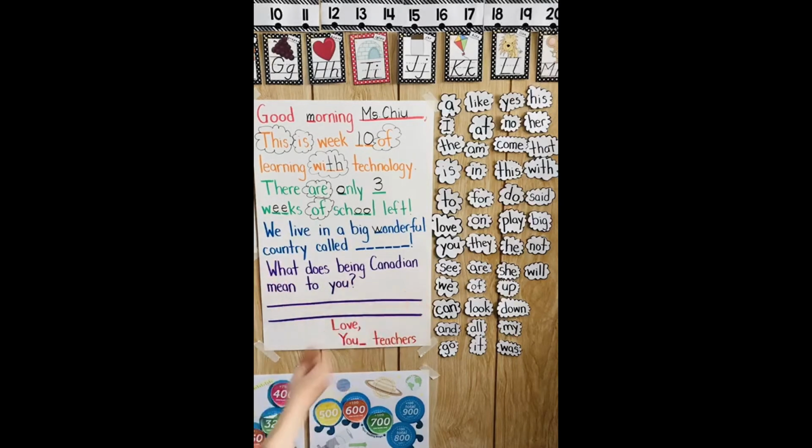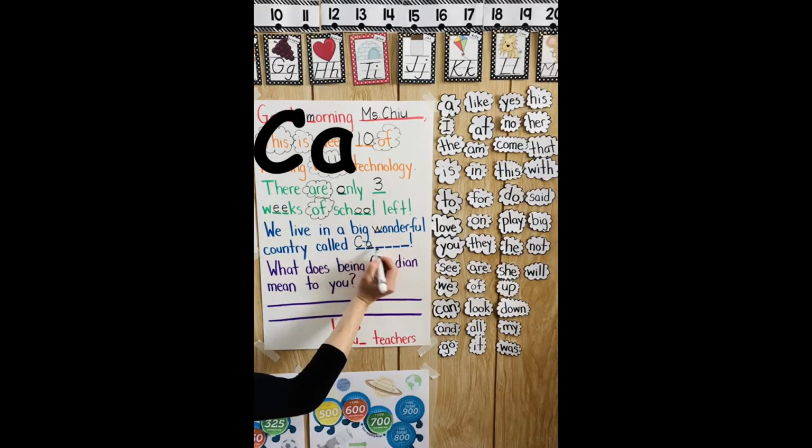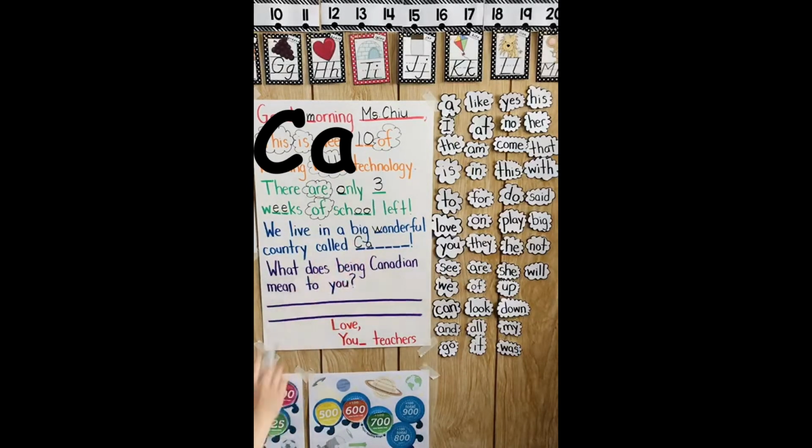Canada. Let's clap out the syllables. Ca-na-da. That's 3 syllables. One strategy to help us spell words is by spelling each clap out at a time. Ca. Can you hear 2 letters inside ca? K is for C and A is for A. Now let's spell the N sound in the middle.